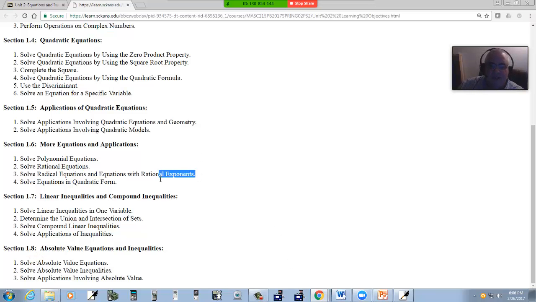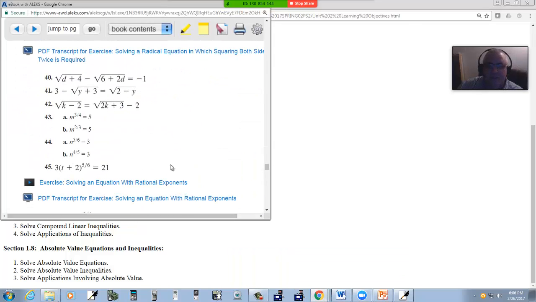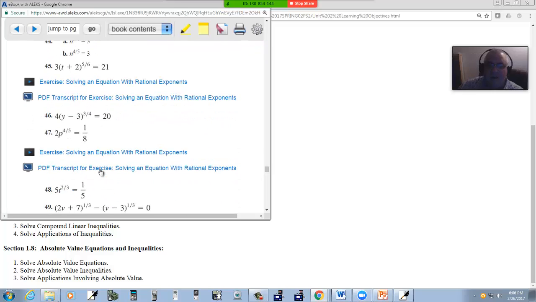Now there are equations with rational exponents. That would be like 43 and 44, or maybe this one. Actually, there are quite a few here that may fit.